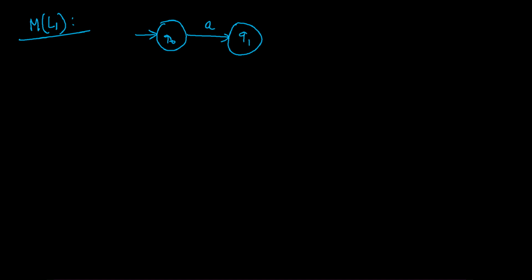When you reach Q1, it means you have seen A as the first symbol, so whatever comes afterwards, all of that has to be accepted. So this is your DFA for L1. As you can see, there is a self loop on the final state which will generate many more accepted strings.